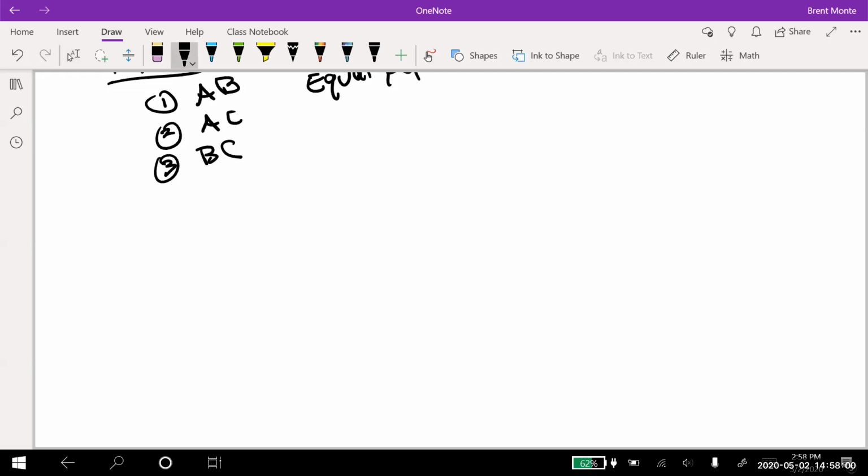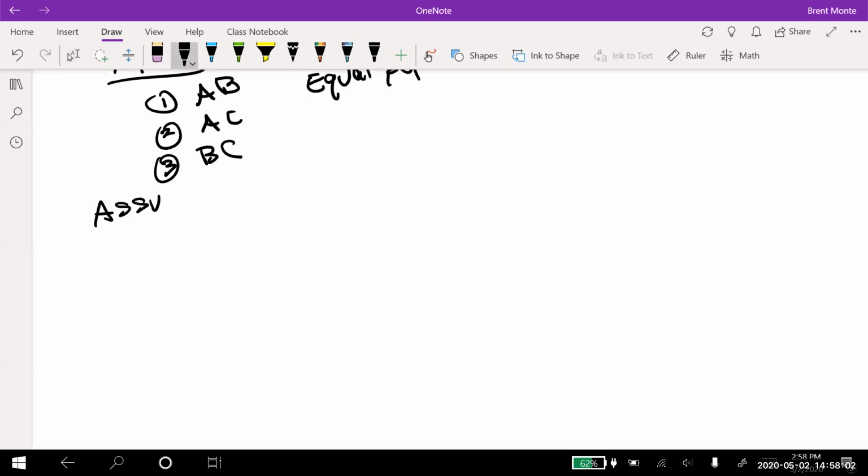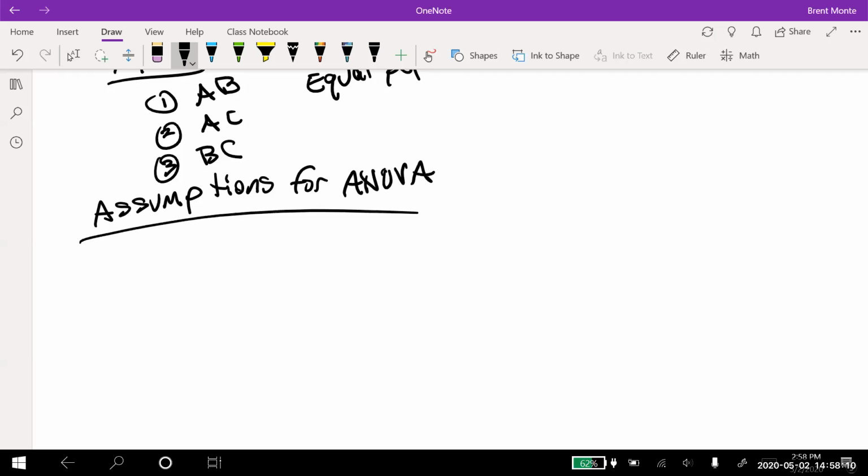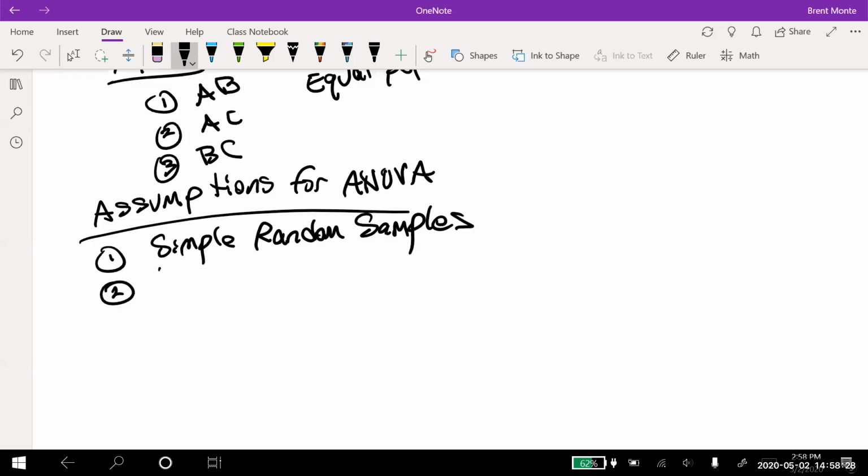Here are the assumptions in order to do an ANOVA test. And they're all going to seem very similar because they're the same assumptions we use for a pooled 2-sample t-test. So we have to have simple random samples. We have to have independent samples.